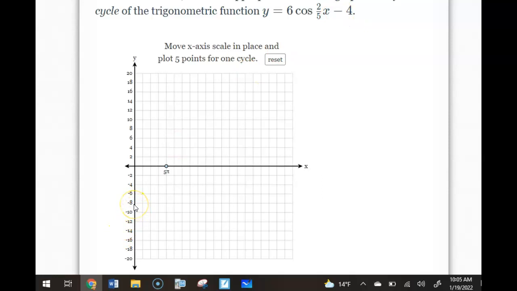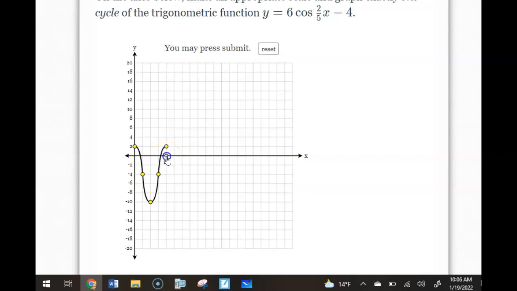Oh, you have to sketch this out on paper maybe, but from -4, if I go up 6, I would be at 2. Then I would be back at the midline of -4. Then if I go down 6, I'd be at -10. Back at the midline, and then at the maximum again.